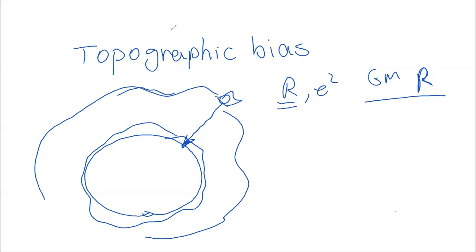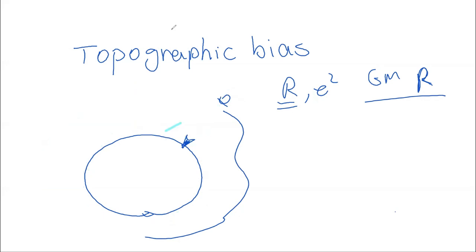So it means that the geoid that you compute from this gravity model is already biased by these topographic and atmospheric masses. This is why we have to correct them when we compute the geoid model. So this is the reason that we are going to discuss topographic bias today.